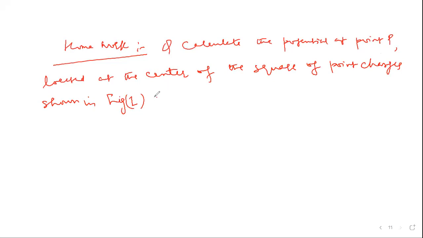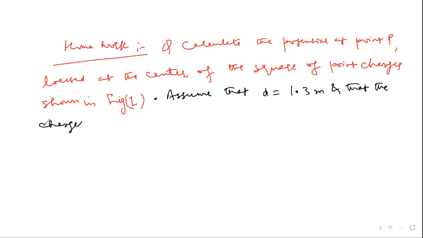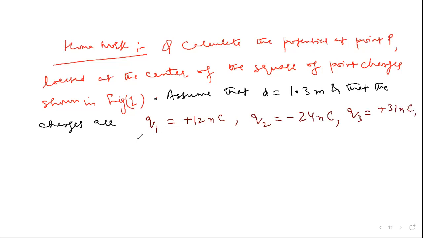Assume that D is equal to 1.3 meter and that the charges are Q1 equal to plus 12 nanocoulomb, Q2 minus 24 nanocoulomb, Q3 plus 31 nanocoulomb, Q4 plus 17 nanocoulomb.